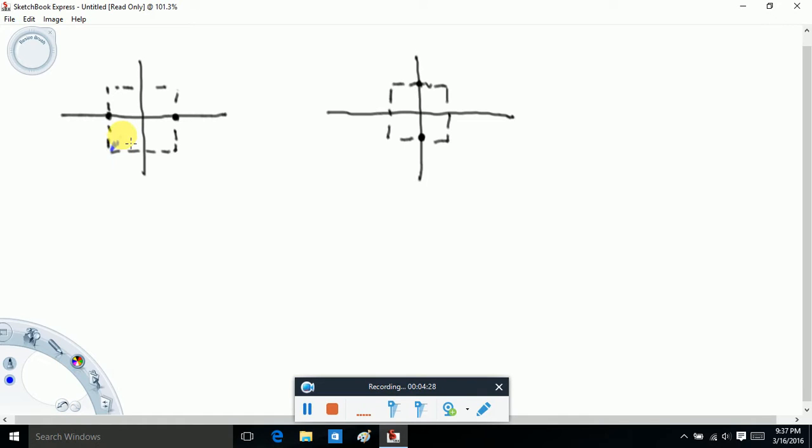So if we draw a line through the central rectangle, we have the asymptotes, which pass through the diagonal of the central rectangle.